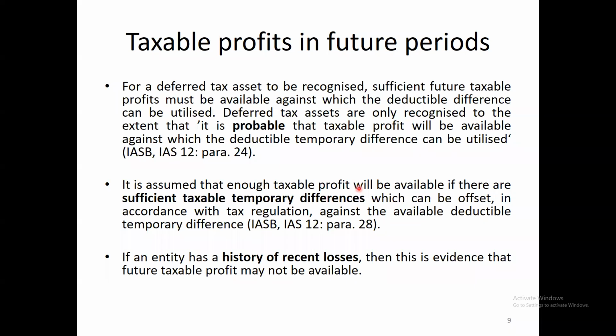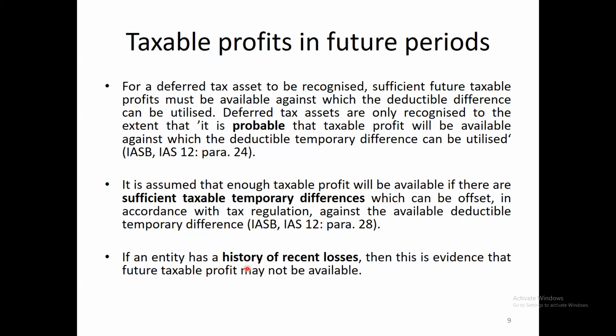Taxable profit, not in the present but in the future, will be available if there are sufficient taxable temporary differences which can be offset. In the future, you have to pay more tax, in accordance with tax regulations, against the available deductible temporary differences.